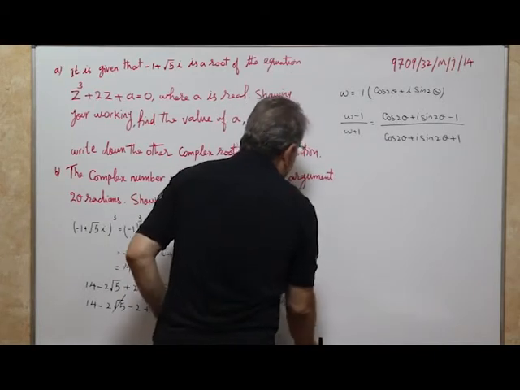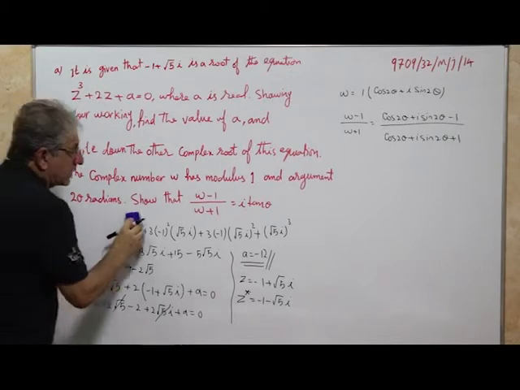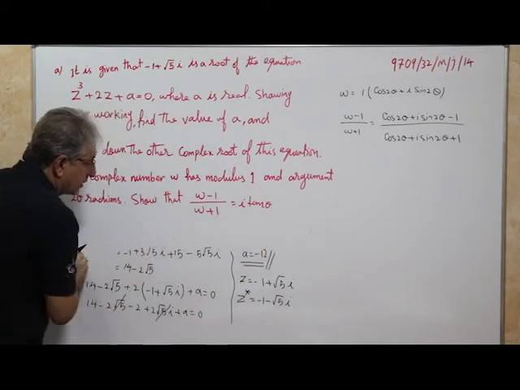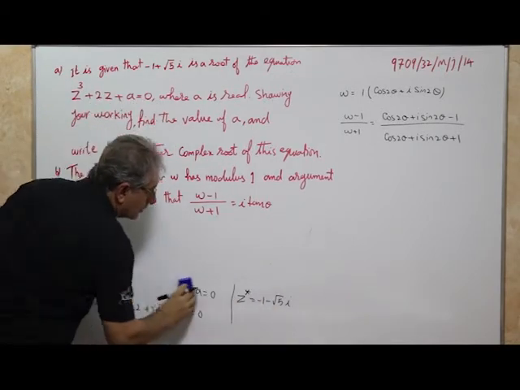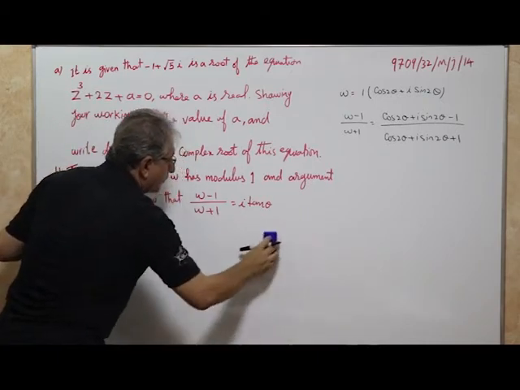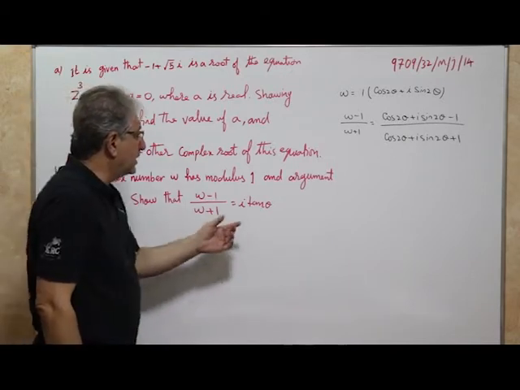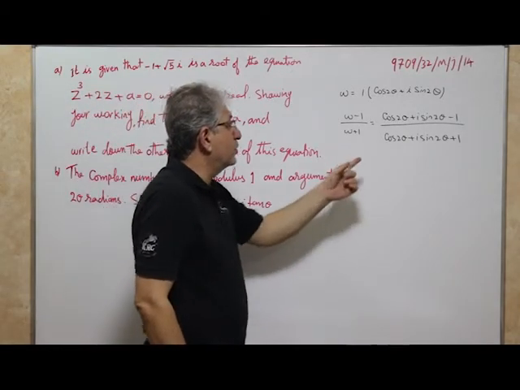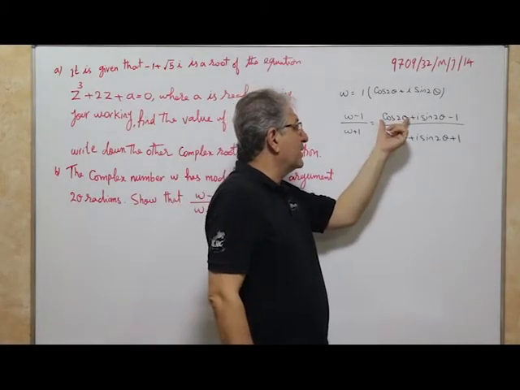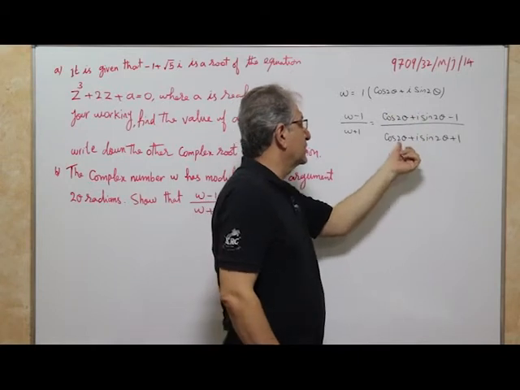Okay, I will erase this part and then write some of the identities which I'm going to use. Now, look at here, we have tan theta. Therefore, we have to use the double angle formulas to change this to theta.